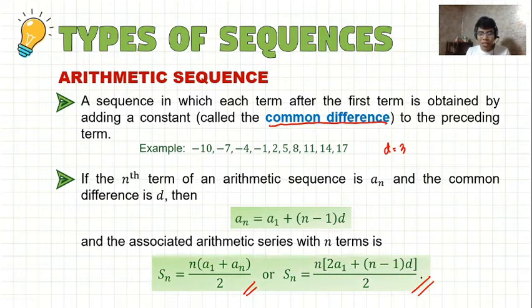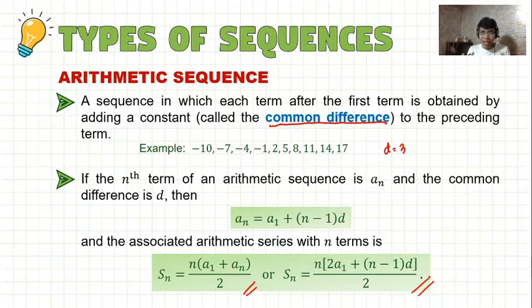Okay, so these are the formulas that you are going to use in finding the arithmetic series with n terms, meaning finite yung arithmetic sequence natin. Now, sir, what if infinite yung sequence, arithmetic sequence natin? Meron bang formula? The answer is wala.